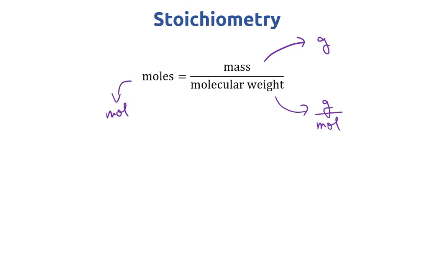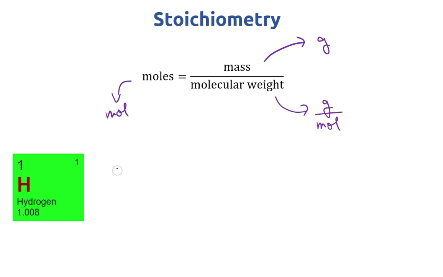Just a reminder, molecular weight, which is also known as molecular mass or molar mass, is something you can get by adding together the atomic masses on the periodic table for whatever elements make up your molecule. An example of this: hydrogen has an atomic mass of 1.008.